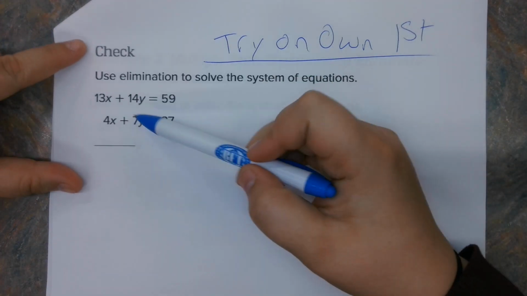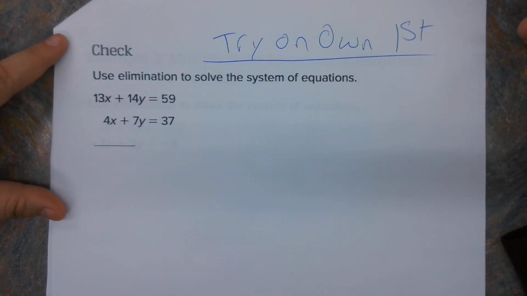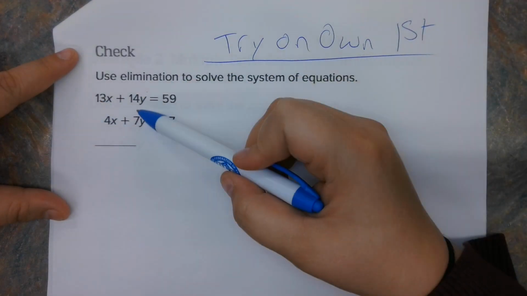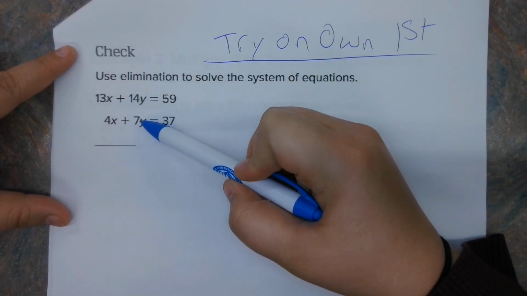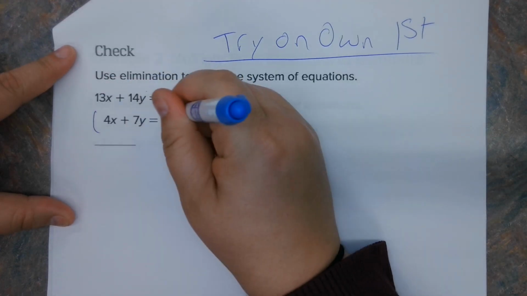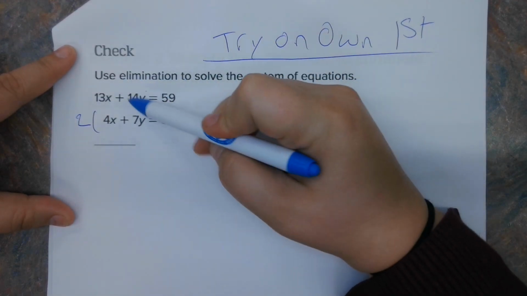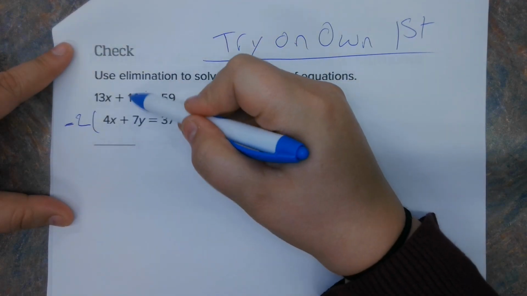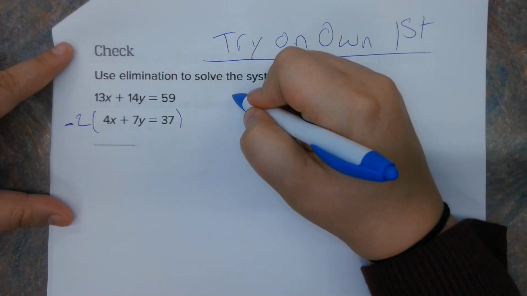Okay, so I'm going to look at these two equations. I can't multiply 4 to get anything with 13, but look at that 7. 7 times 2 is 14, so I'm going to multiply this bottom equation by 2. They're both positive, so I need to multiply by a negative 2 to get them opposite so I can cancel it out. Let me rewrite.